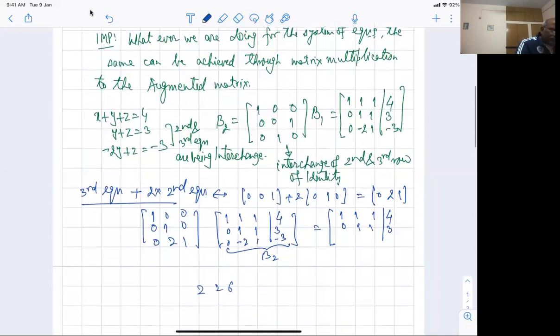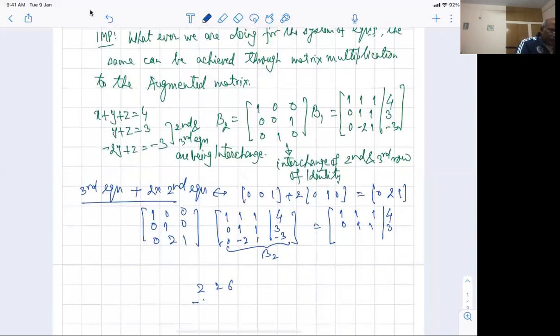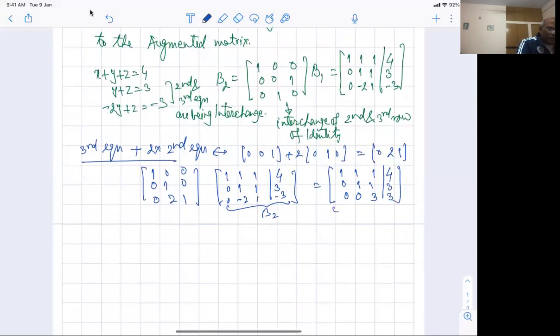And then 1 times the third row gives you 0, -2, 1, -3. So this cancels out. You get 2 plus 1 is 3. So you get 0, 0, 3 and 3. All right. So what I'm trying to see is that we are getting these matrices, which are very nice in some sense, and we'll see why they are nice. But once I have got this equation, from this you can imply that 3z is 3, which implies z is 1.